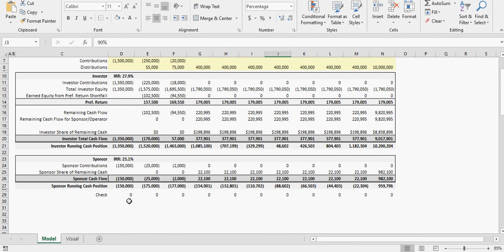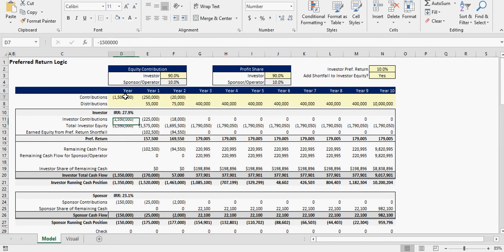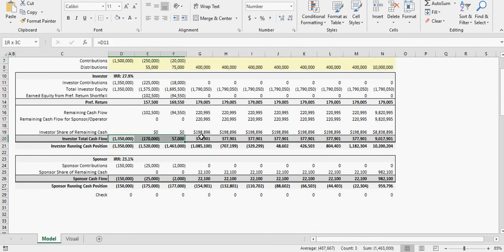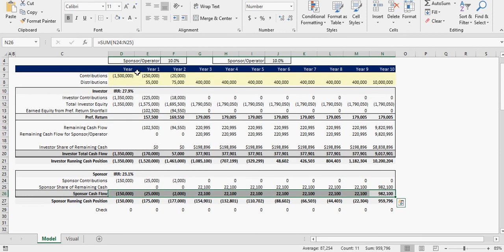Finally, there's a check at the bottom here that just checks to make sure the cash you've split, put out, and accounted for going out and in matches what's up here, so the total of this is 11,160,000. That should always equal a total of the cash flow for an investor and sponsor because, well, there's no other sources of cash related to this. And it does because these all equal 0.